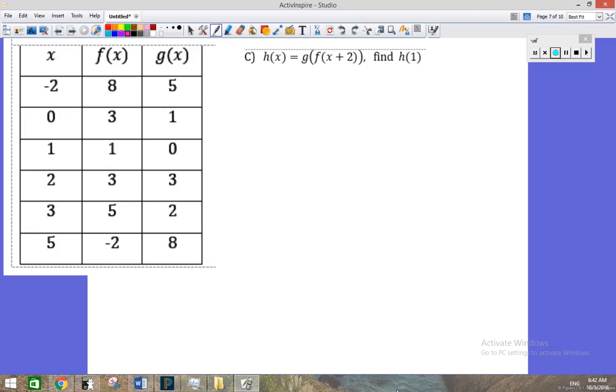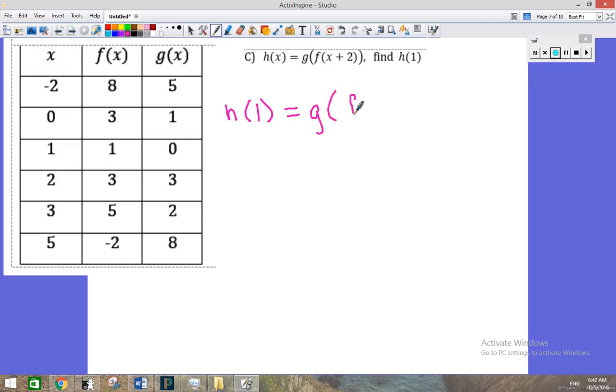Here is another function they've called h. It's a new function that's different than a or b. We want to evaluate this h at 1. This h is defined to be a composition of two functions.